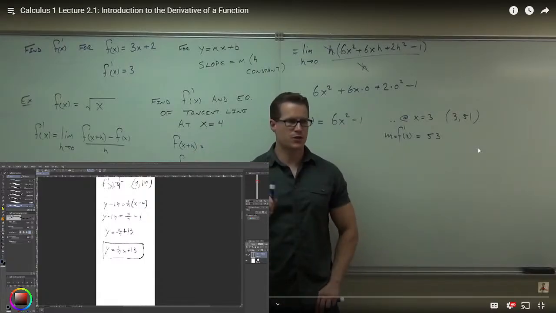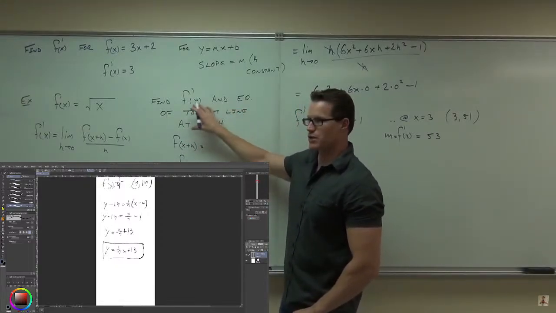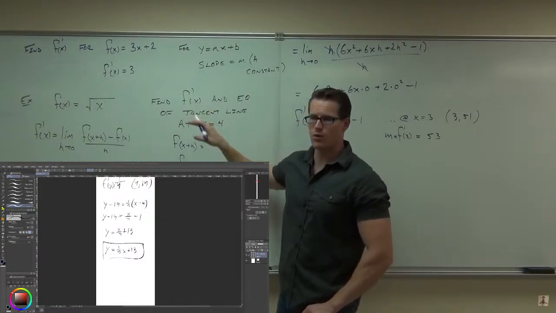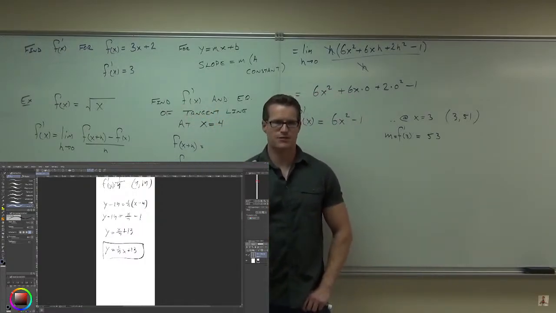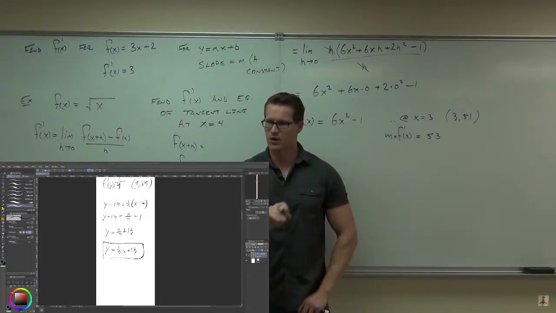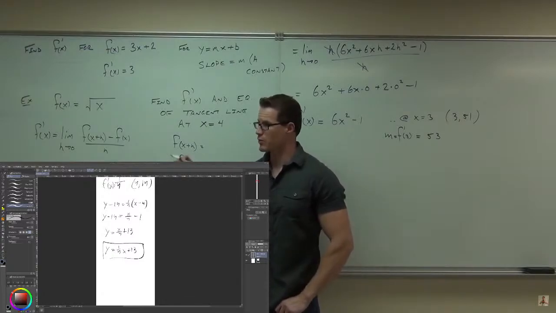What I prefer you to do is do the derivative in general. So this is a secondary question, okay? And the equation of the tangent line, I want to find the derivative first. What we're most worried about right now is finding the function for the derivative. Do you get me on that? So please, if you plugged in 4, just erase that, put the x. I want the formula for the derivative, and then we'll be plugging in that point.